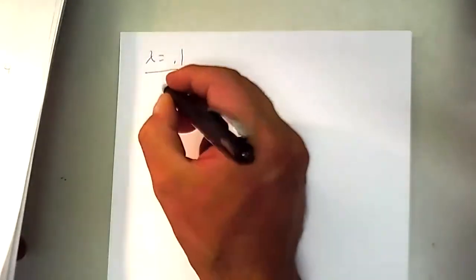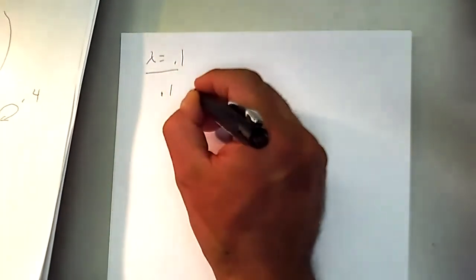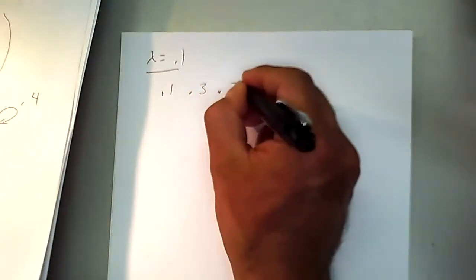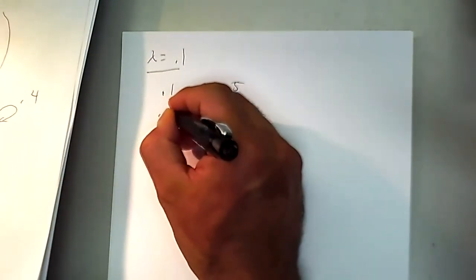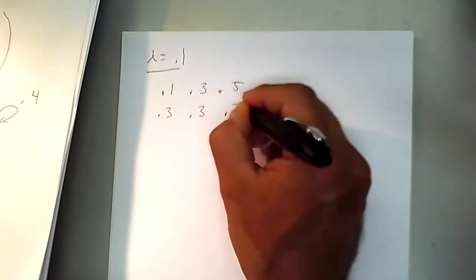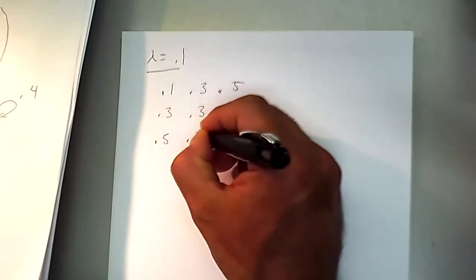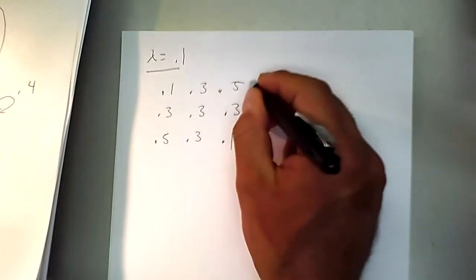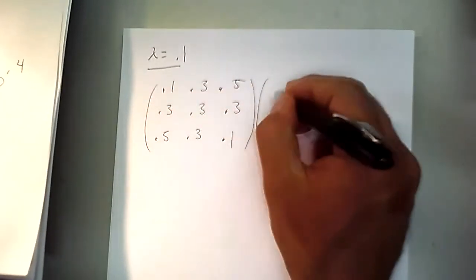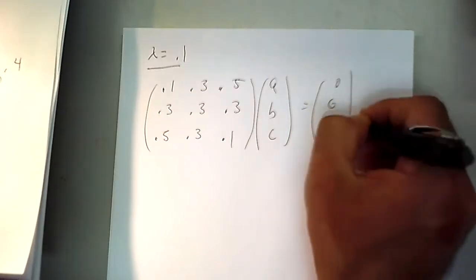So we're going to end up with the matrix 0.1, 0.3, 0.5; 0.3, 0.3, 0.3; 0.5, 0.3, 0.1, times A B C equals 0, 0, 0.